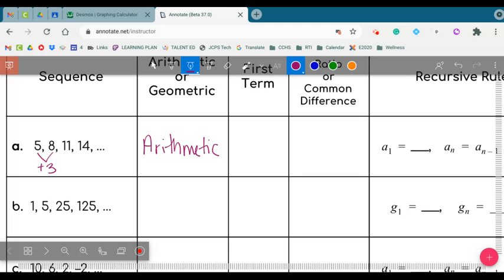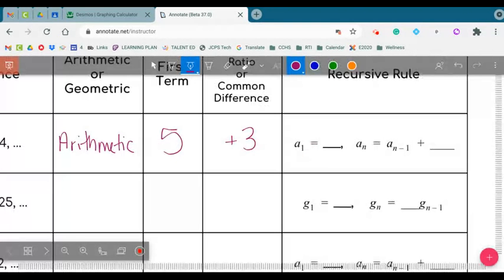Our first term is 5. Our common difference is plus 3. So we're going to plug in our a sub 1 is 5. And then we're going to have plus 3 on the end. So you're going to have to write this entire thing. But if you know where to plug in the numbers, you should be good.